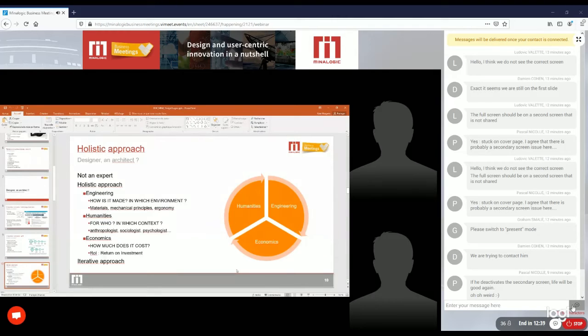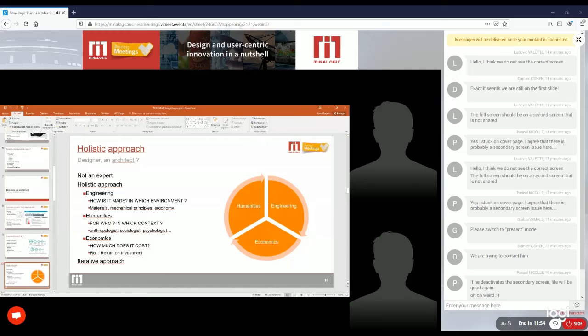So, like I said, the designer must have a holistic approach. He's not an expert. He has to cope with humanities, engineering, and economics. By engineering, we evoke the way you practically conceive the products or the services or the interface. So you have to understand which materials you have to use, which mechanical principles you have to face, and some concepts of ergonomics.